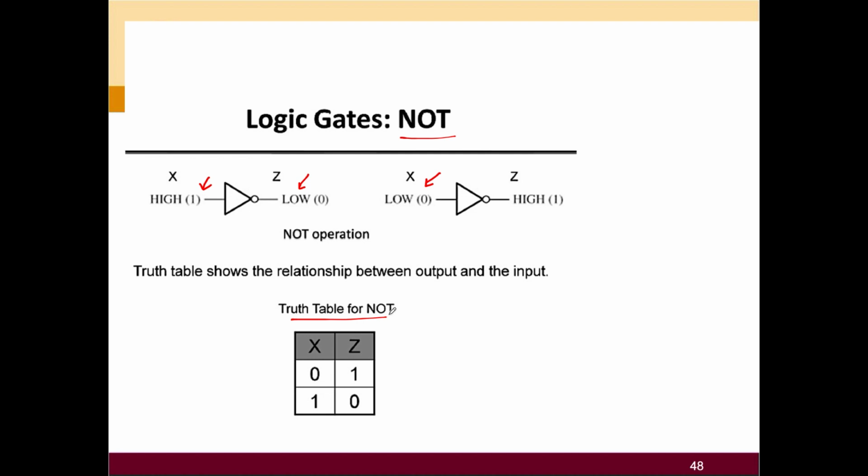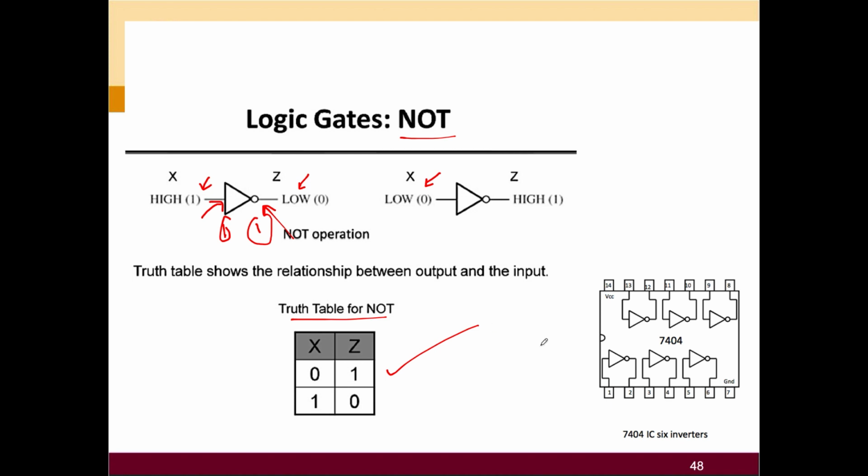You can see the NOT gate has only one input and one output. And this is the truth table of the NOT gate. Last video you already looked into it, so now you look again at this truth table. I hope you already memorize and understand fully.